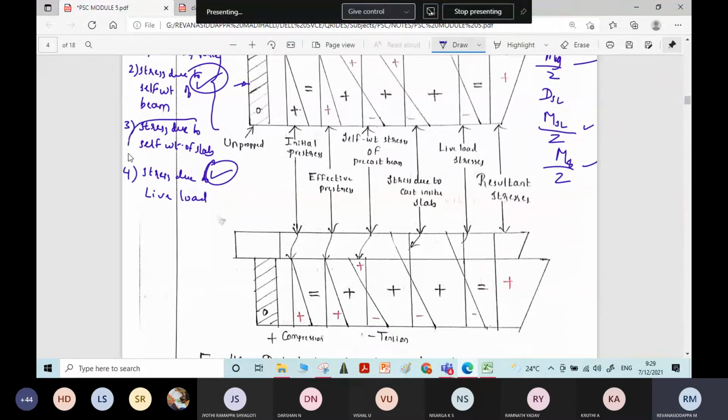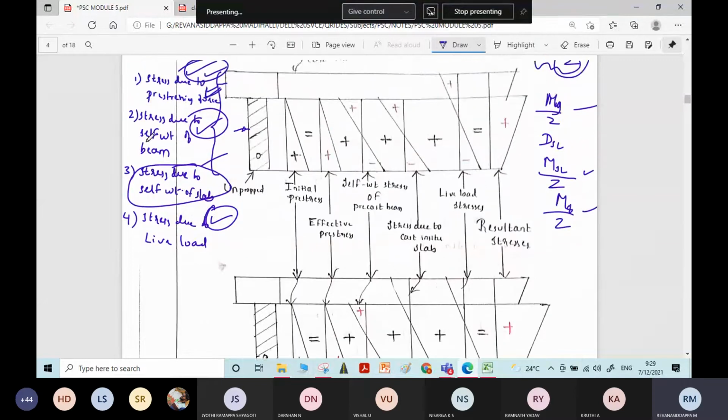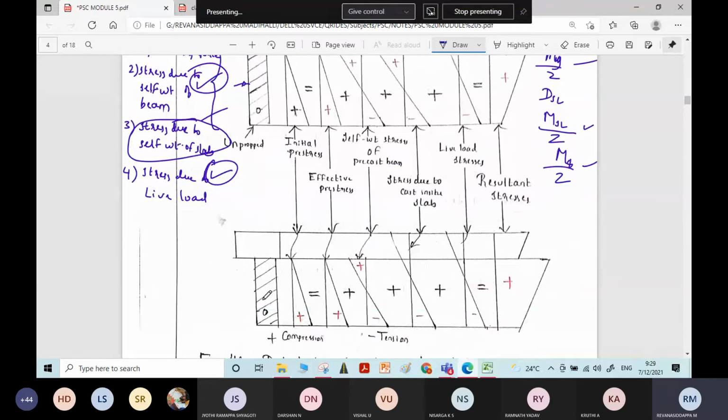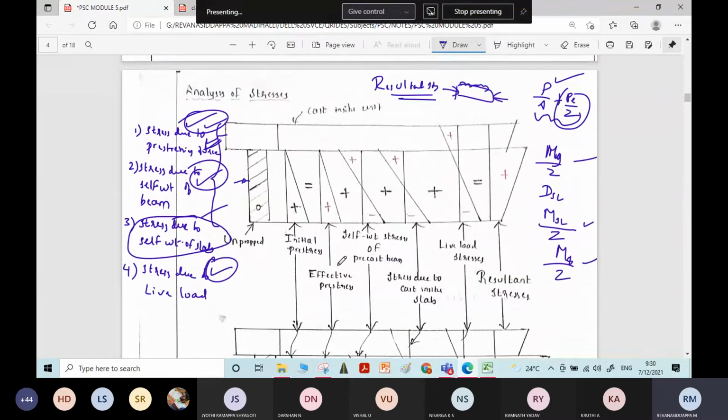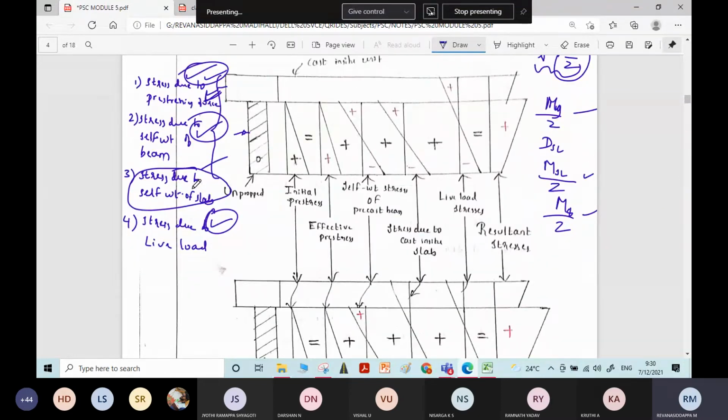There is a slight difference in finding the stress due to the self weight of the slab. The first, second and fourth steps will be the same for both cases. Only the third step, stress due to the self weight of the slab, will be different. That difference is in the section modulus we take now.